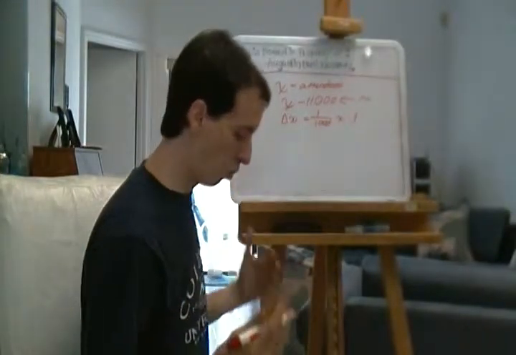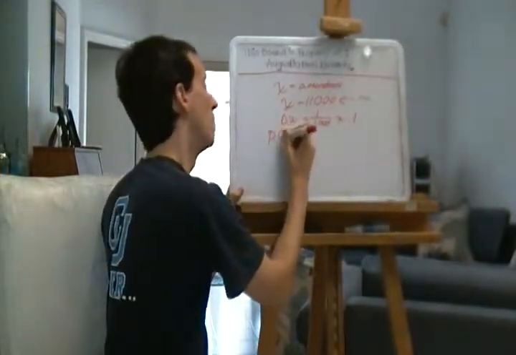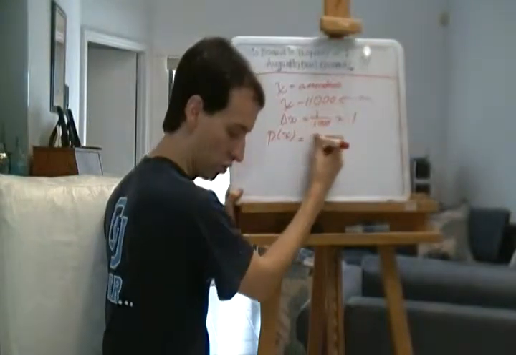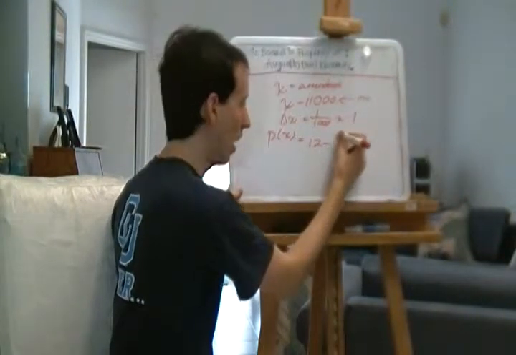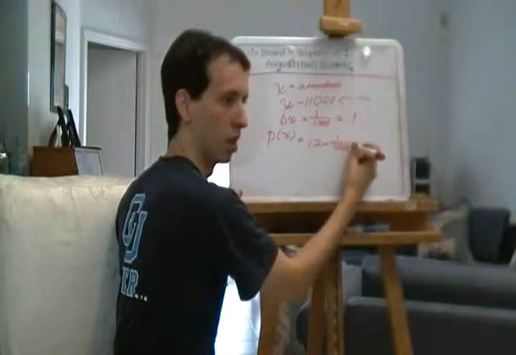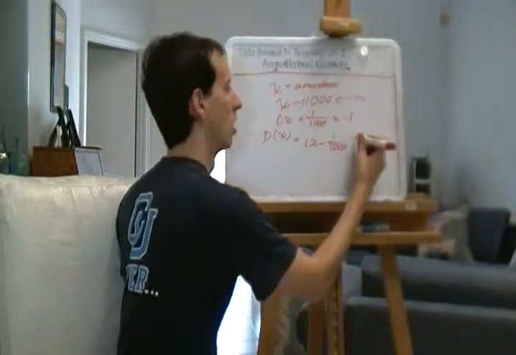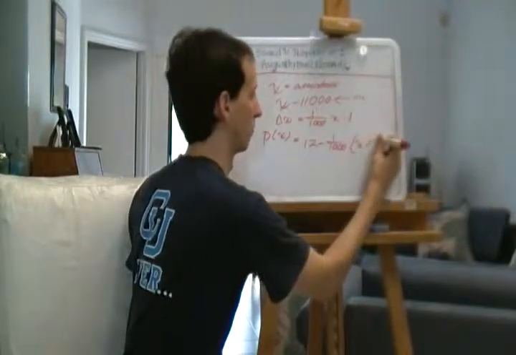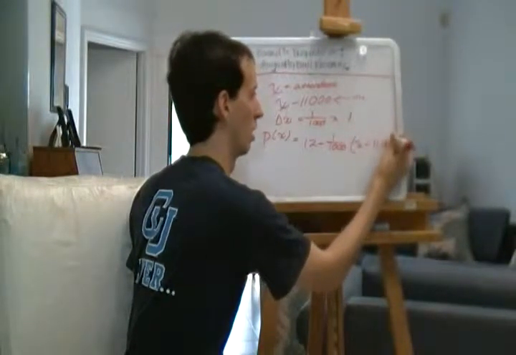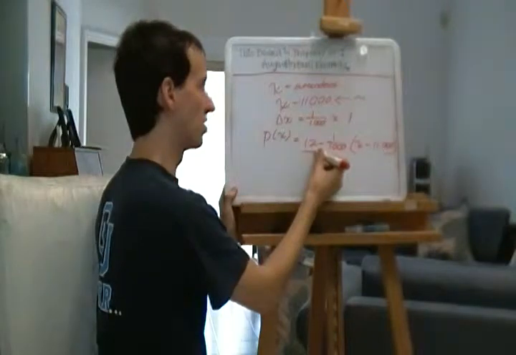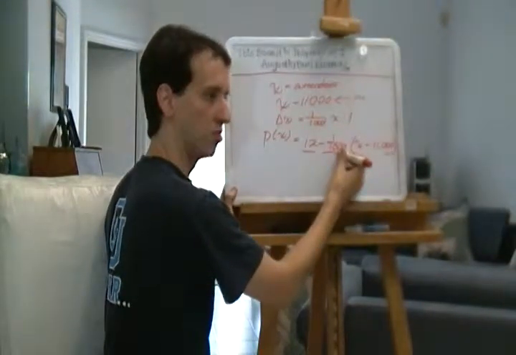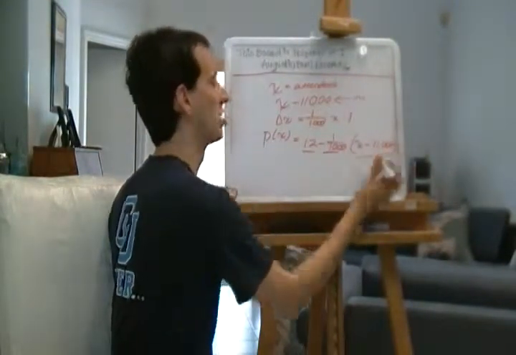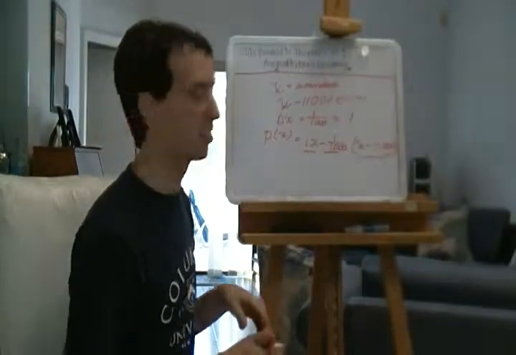All right, so now we have P of X. P of X equals 12 minus 1 over 1,000 times X minus 11,000. We got the price, 1 over 1,000 because of the increase, and we've got the change in attendance. That's our P of X.